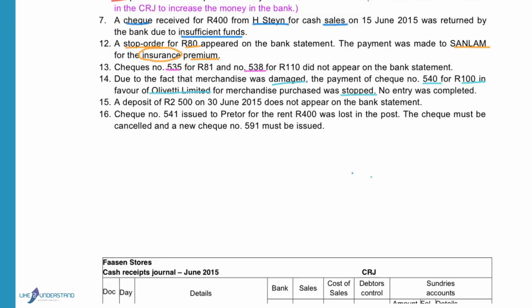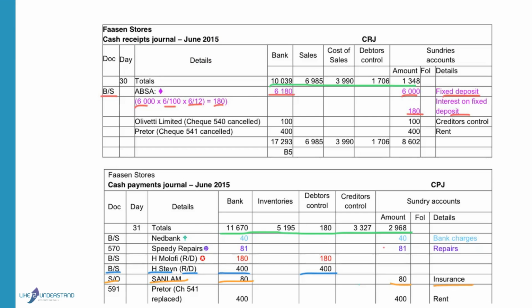So if we want to cancel the cheque, we will record it in the cash receipts journal. So we will indicate that we cancel this cheque for 100, so we have more money in the bank, and we owe this 100 to the creditors, and we will sort out the problem with the creditors and then decide later if we want to issue a new cheque to them.